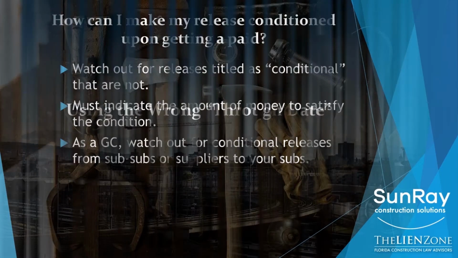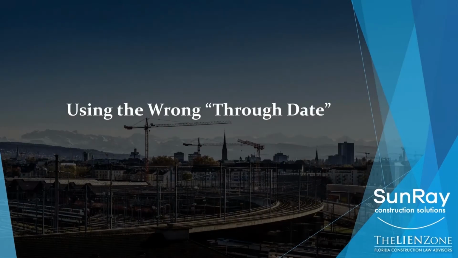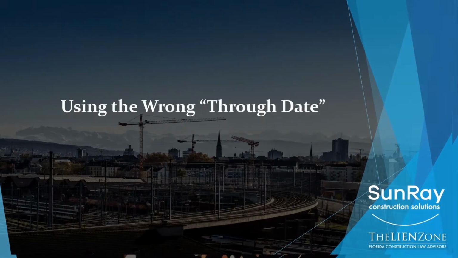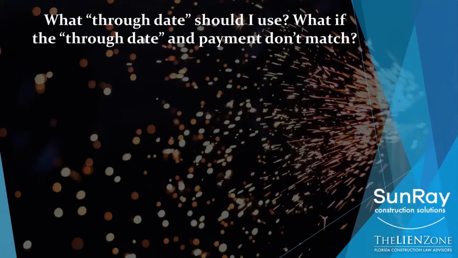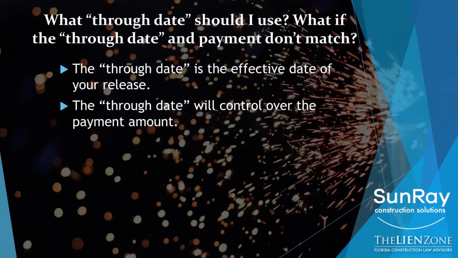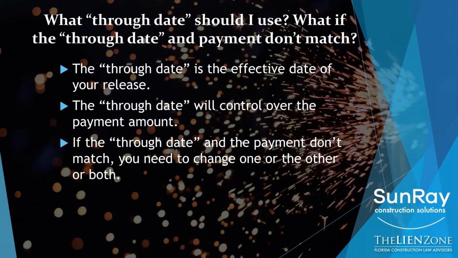Next, using the wrong through date on your release. Also a big mistake that we see happen all the time. So then the question is, what through date should you use, and what if the through date and the payment amount don't match? So the through date is the effective date of the release.